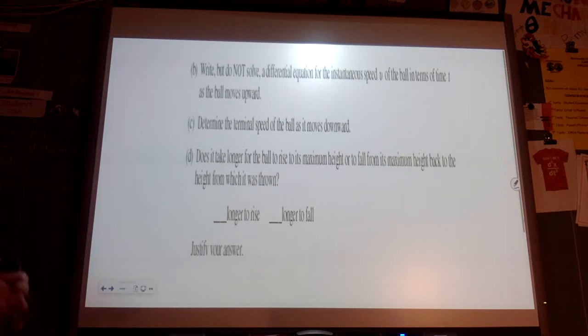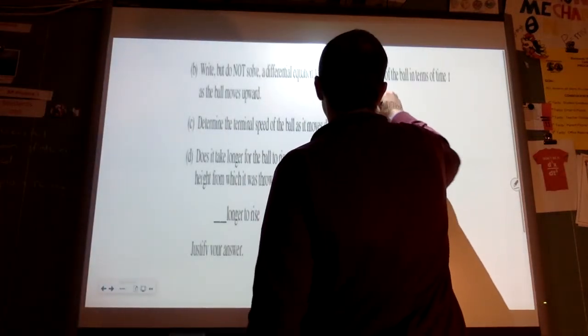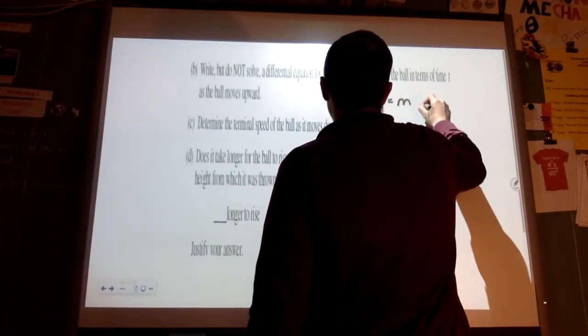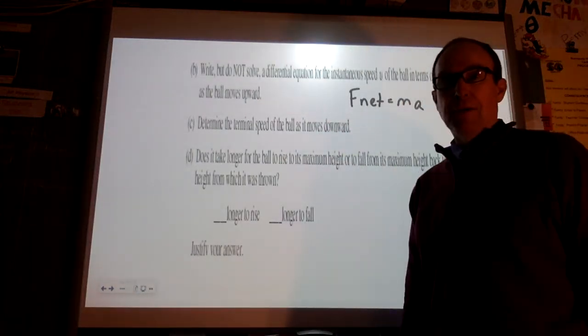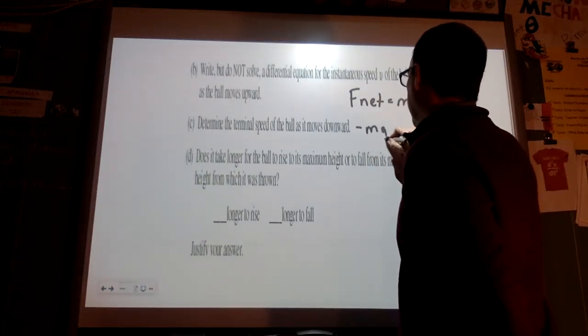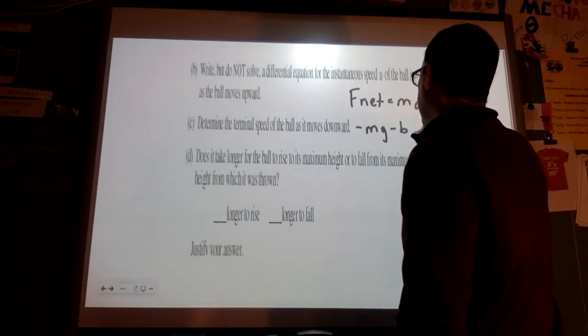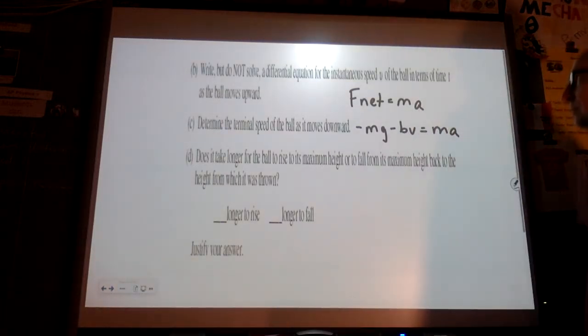Write but do not solve a differential equation for the instantaneous speed of the ball in terms of time as the ball moves upward. All right, so we're saying that F net is equal to ma based on the free body diagram that I drew. This is going to be negative mg minus bv is equal to ma.